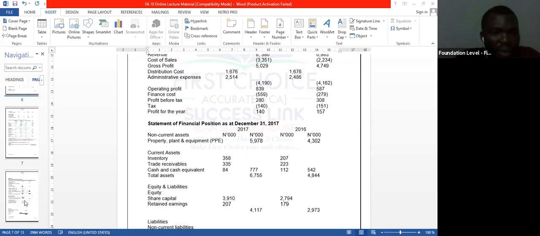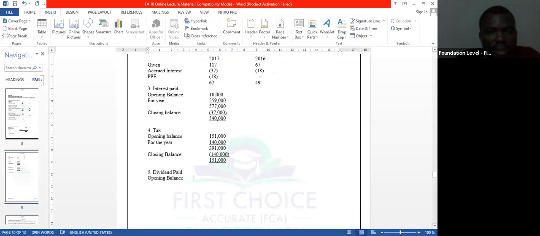Now in our workings, we have the opening figure to be 179,000. After that, the other one that we have is the profit for the year. The profit for the year given to us in our question is 140,000.